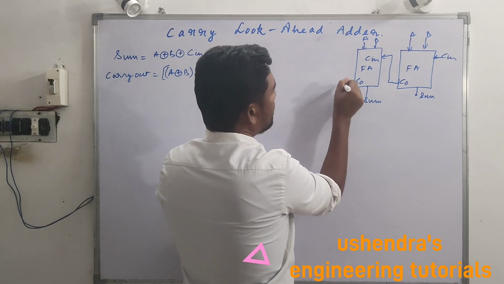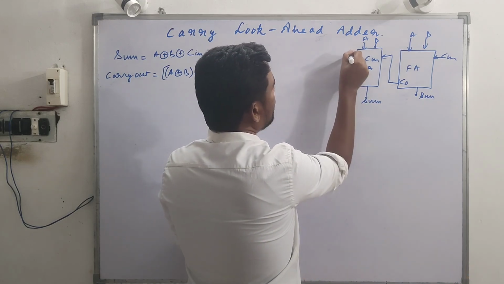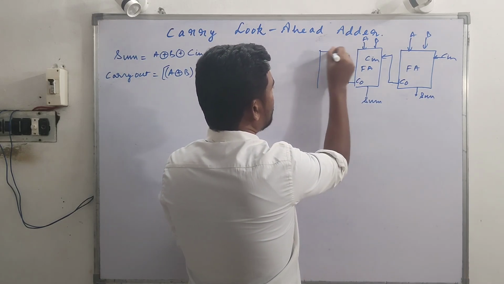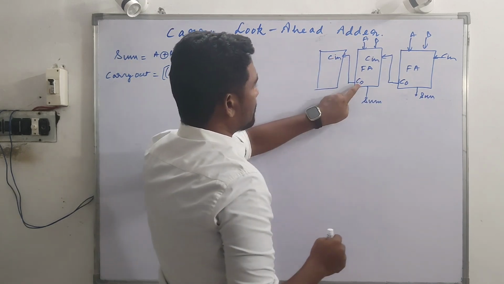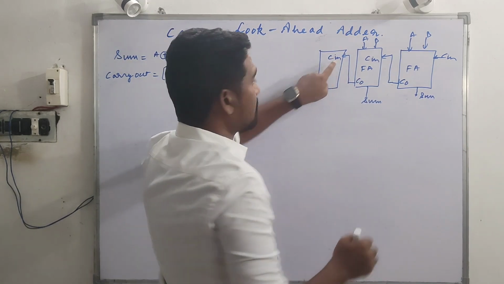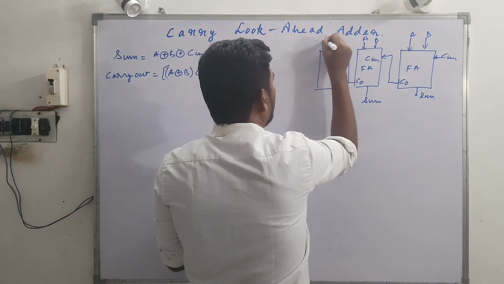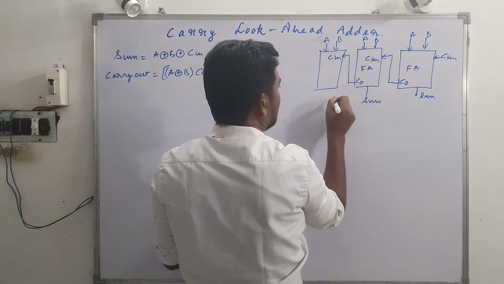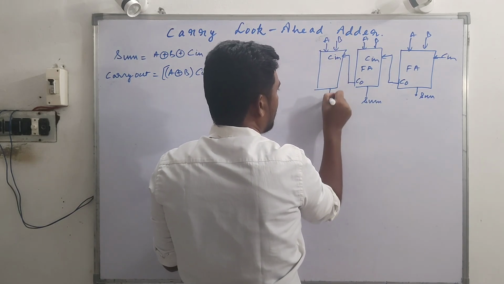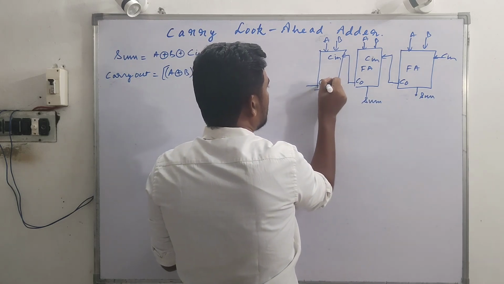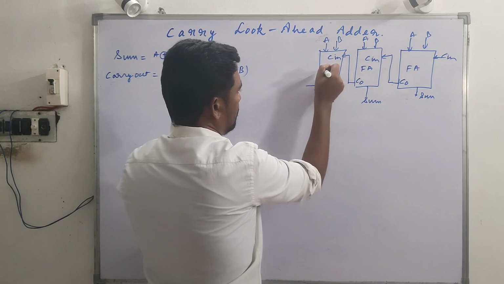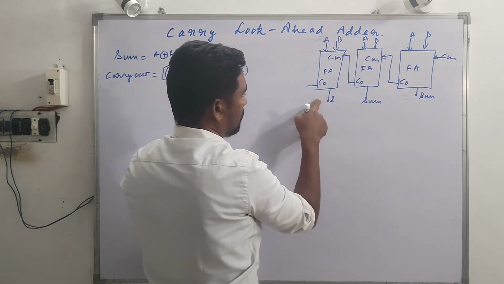Now this Cout will act as input to the next consecutive stage, Cin. Cout of this will be Cin of this stage, with once again A and B as inputs, and we have the sum and Cout from this stage too. This is a full adder with 3 inputs and 2 outputs.